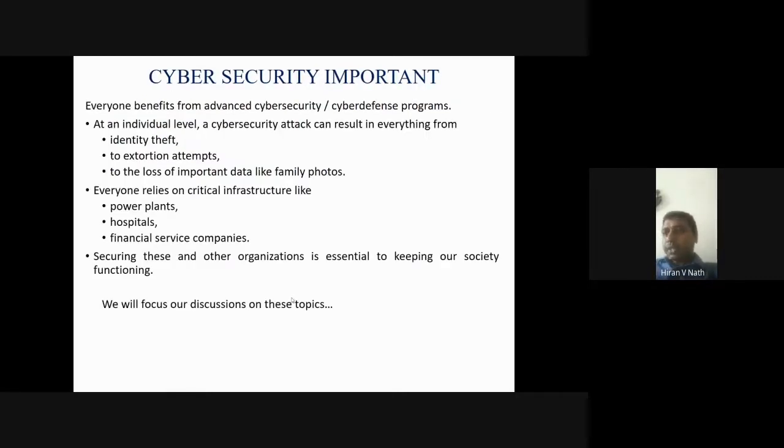Okay, so who benefits from cybersecurity? Everyone benefits from advanced cybersecurity or cyber defense programs. Along with the term cybersecurity, we generally use the term cyber defense. That's why I particularly included that term here.